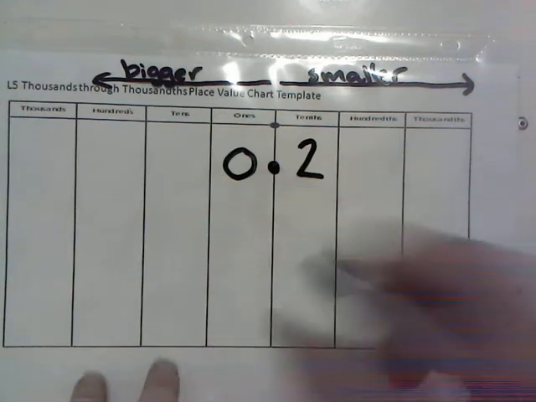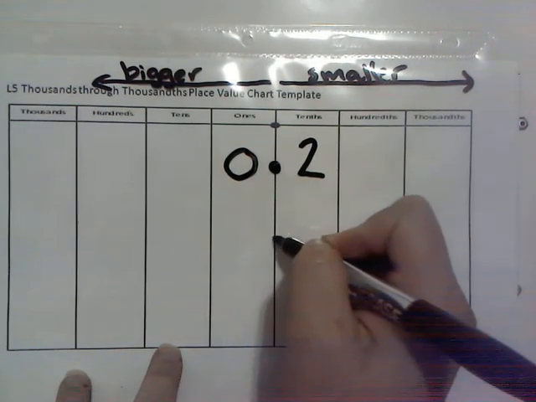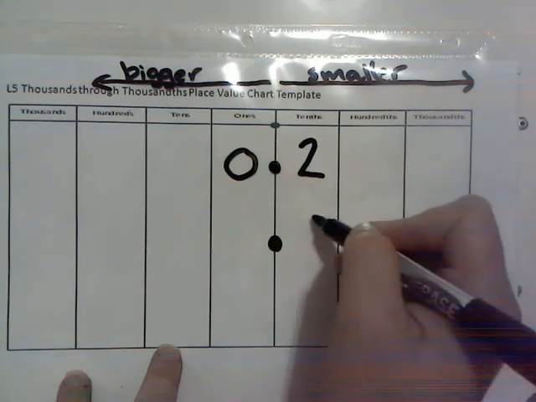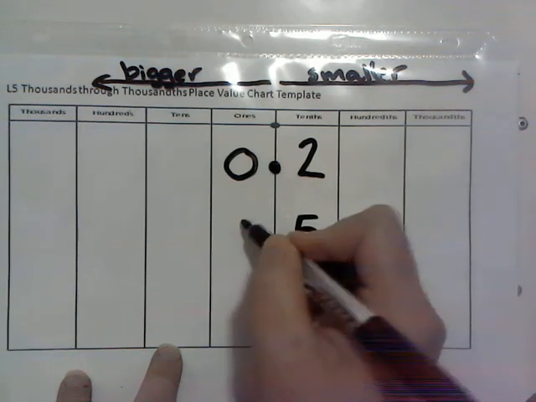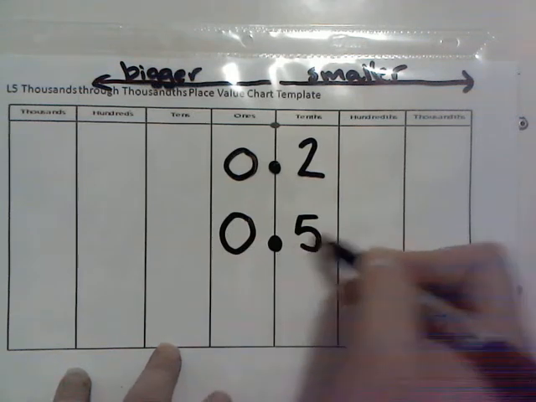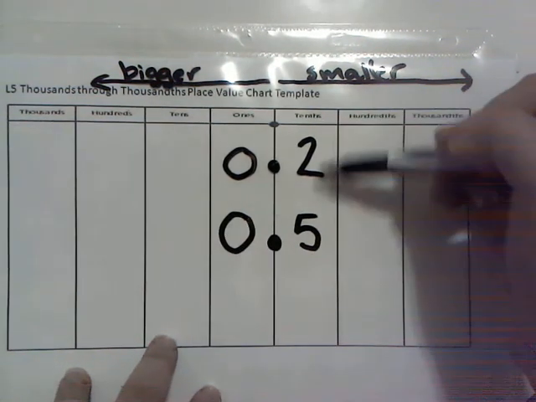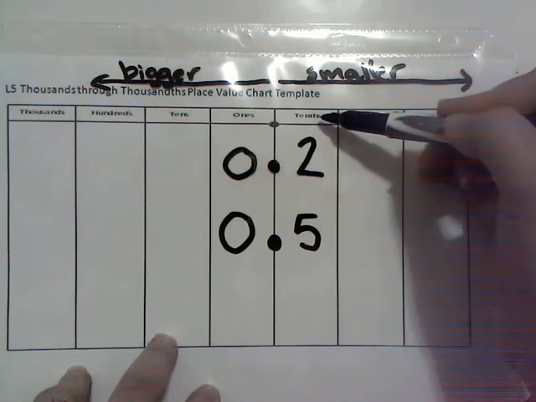My next number was 0.5. So that 0 was to the left of the decimal. That 5 was directly after the decimal to the right. So this 2 and this 5 are in my tenths place. Both of them.